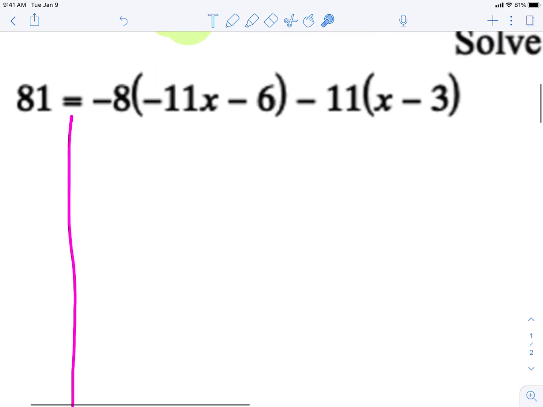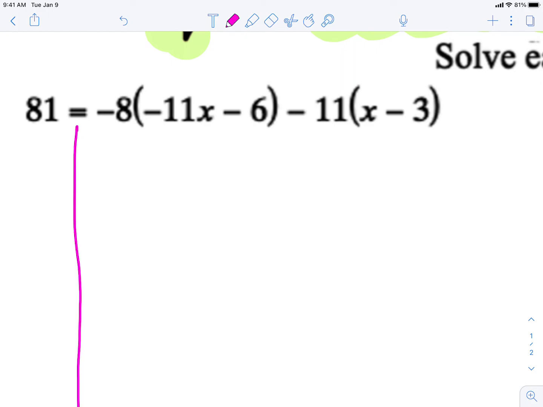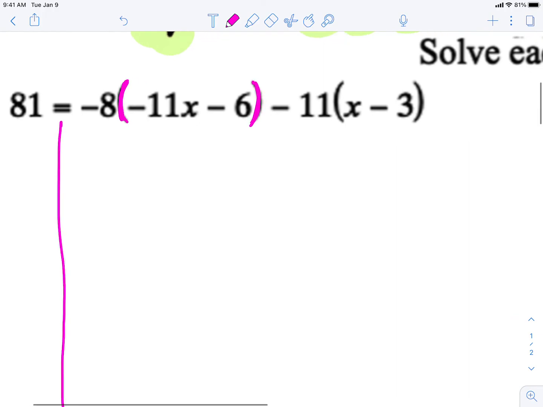Slowly, slowly, slowly. So, second thing that I notice is I notice parentheses. But something special about this one, though. I notice parentheses there and parentheses there. But I also notice parentheses here and here. Look at that. Double parentheses, right?